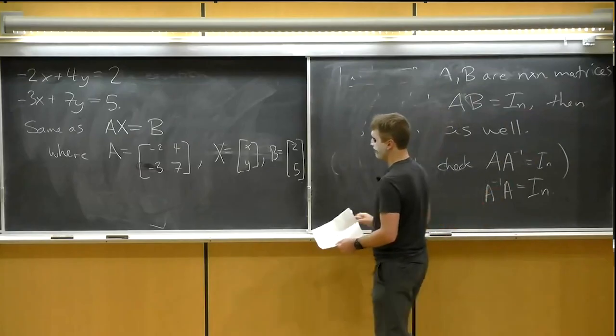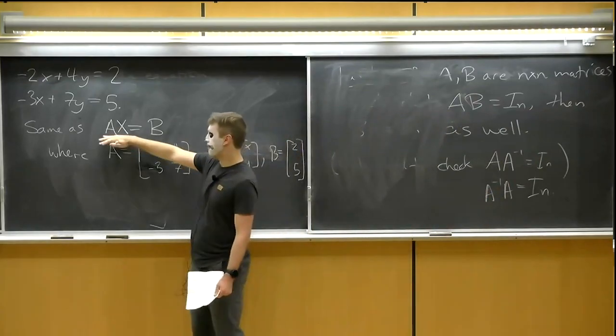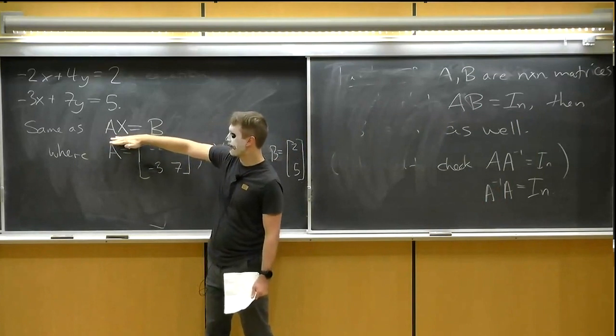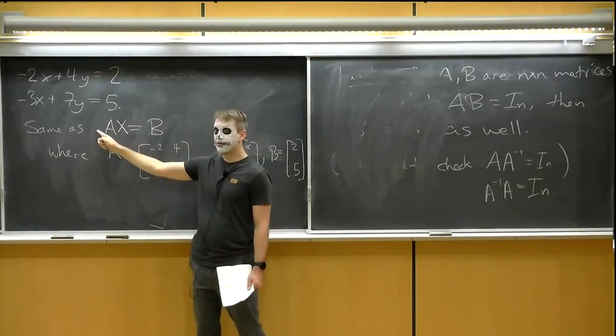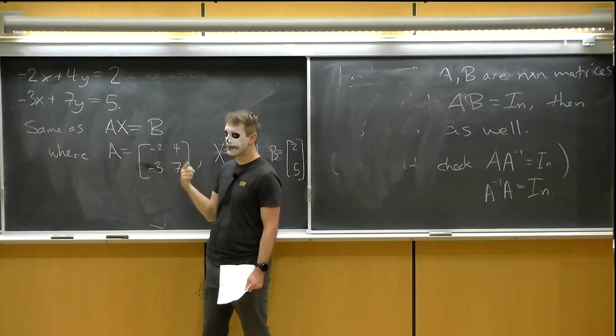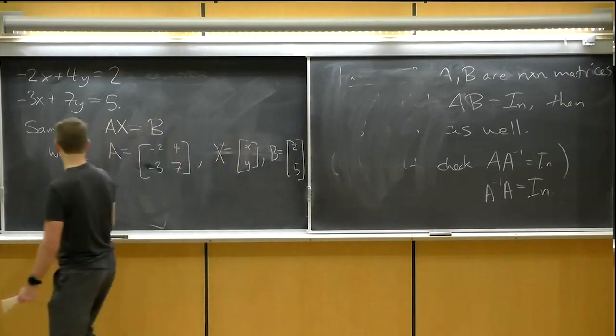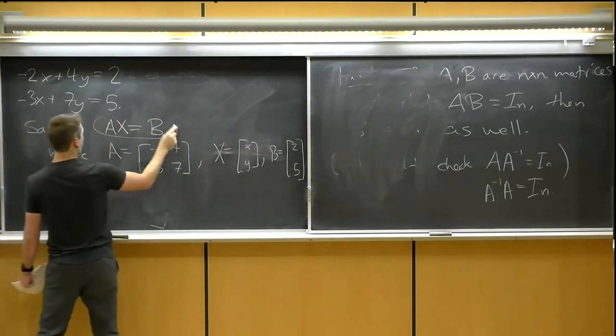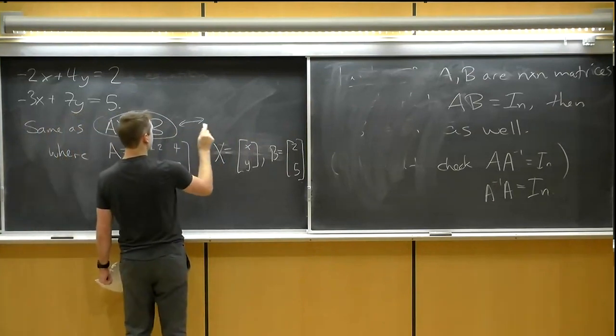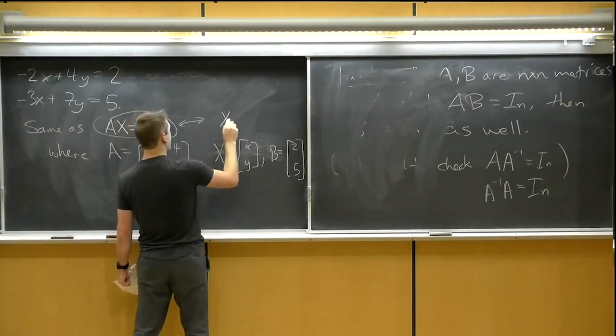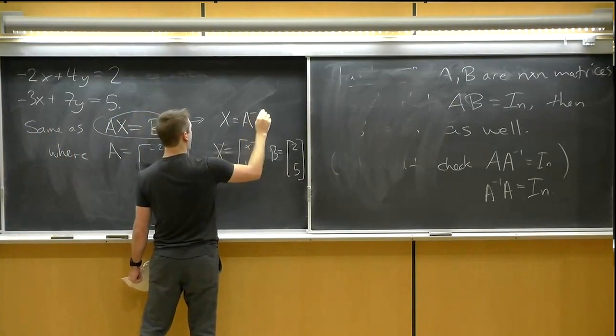Remember before, I had written that if you have an equation like Ax equals b, I can multiply on the left side by the inverse, and I can solve this equation for x. So this is the same as x equals A inverse b.